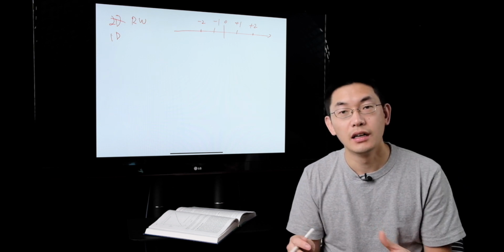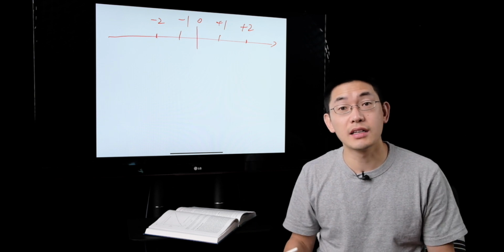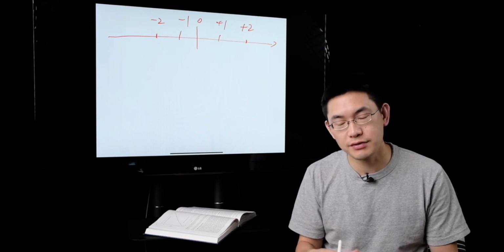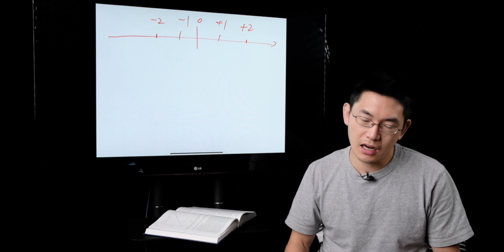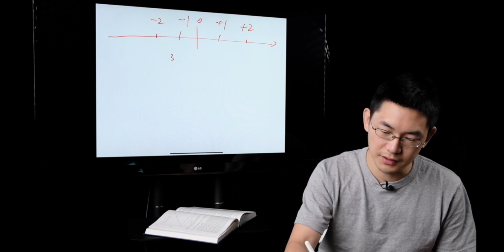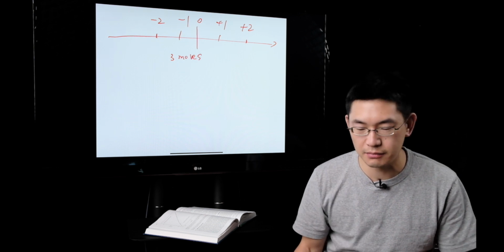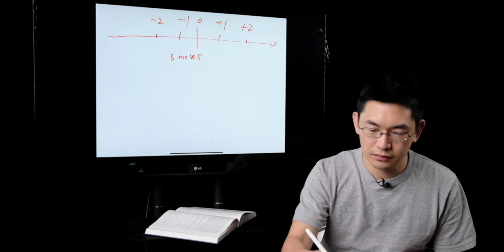Let's say I am asked to move around the classroom. I can take either a positive step or a negative step. If I take 3 moves, what would be the end position I could end up at?